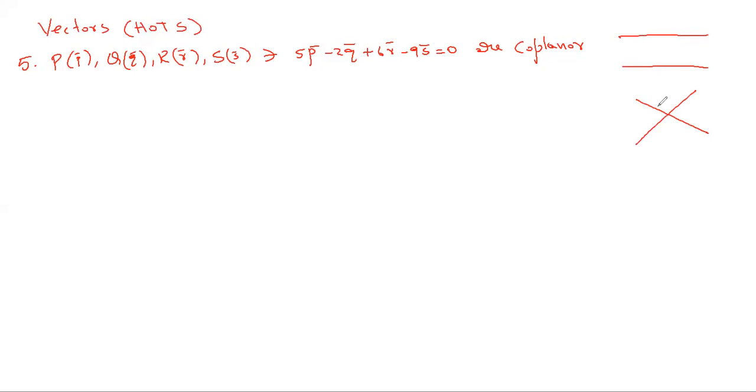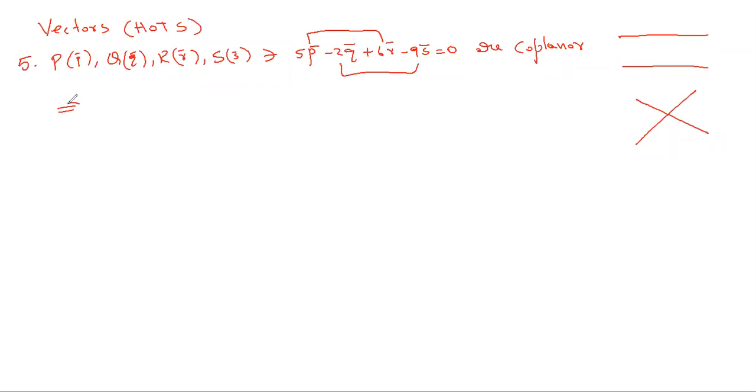So if one of these two happens, then automatically they will be coplanar. How will we prove that fact? For that, if you see this information, 5p bar minus 2q bar plus 6r bar minus 9s bar equals 0, the sum of the coefficients on one side is equal to the sum on the other.